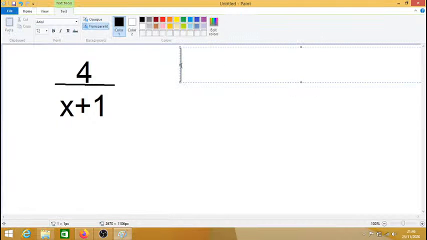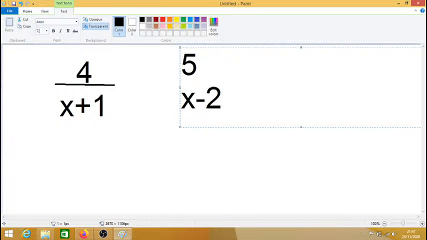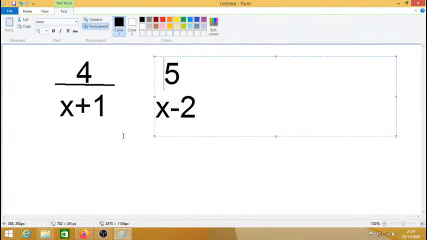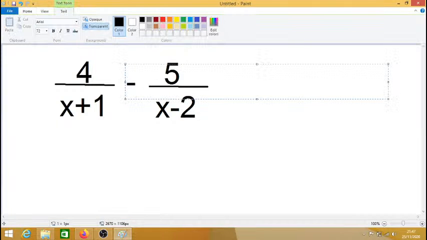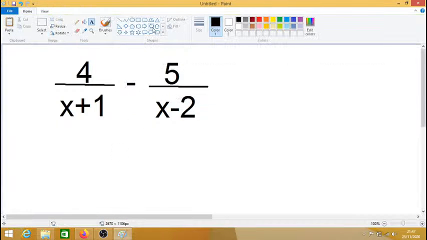Let's go with another fraction of 5 over x minus 2. And yesterday we were adding them using the cross and the smile method, but this time we're going to subtract and use the same method. It's exactly the same method.